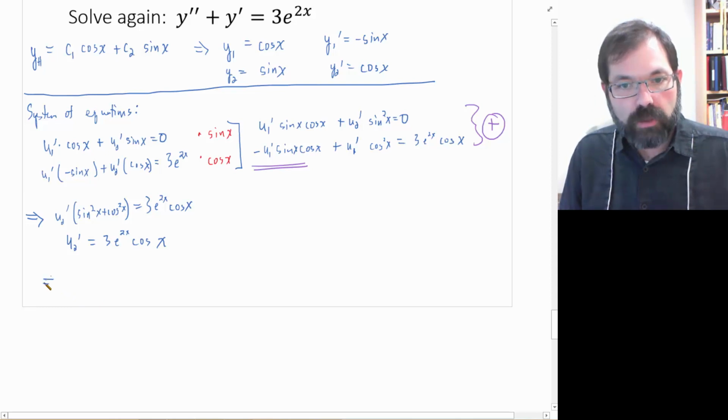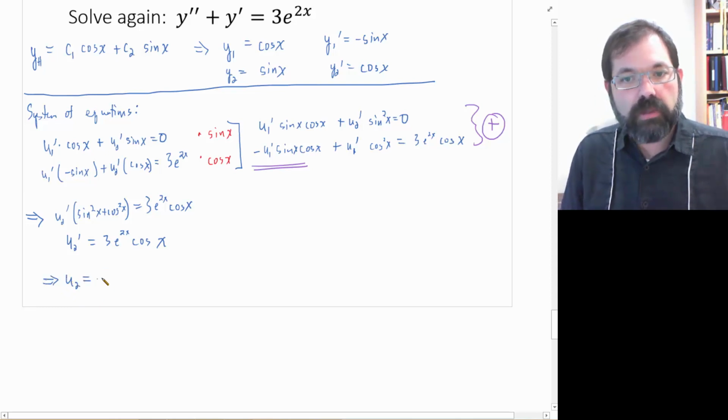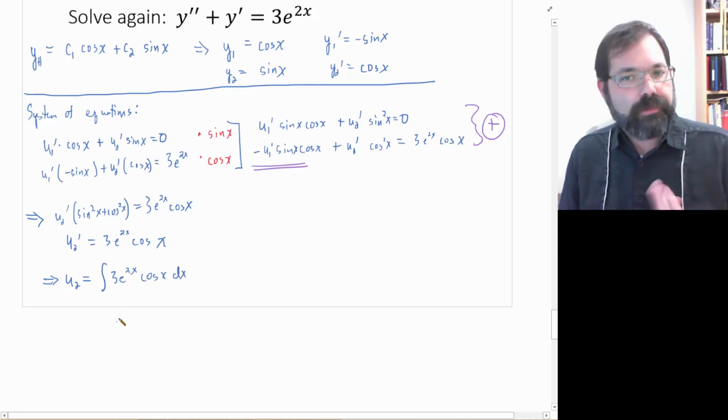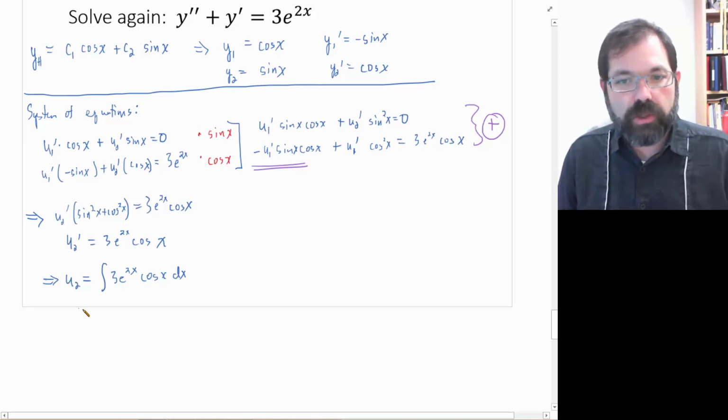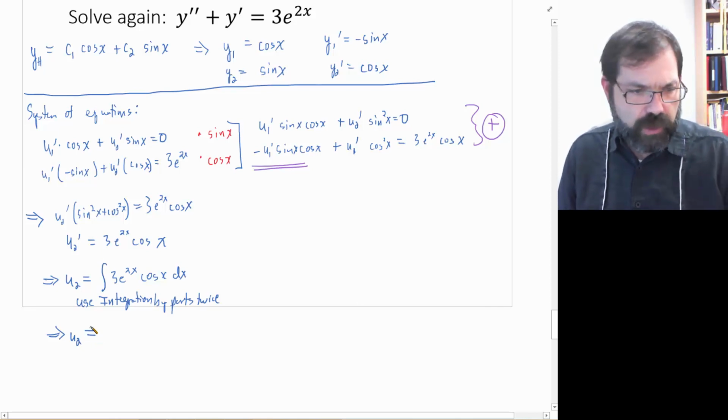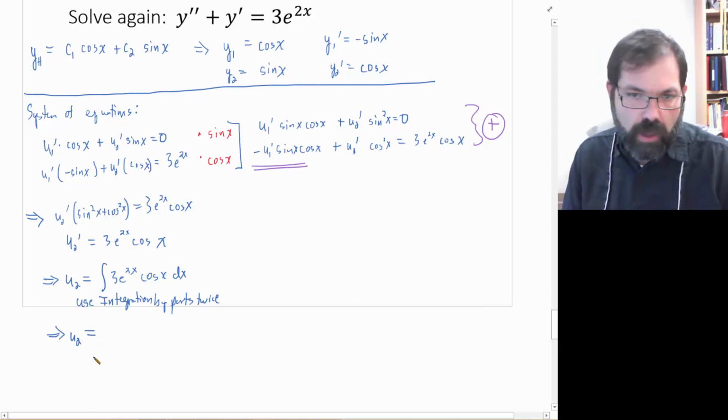So then u2 would be the antiderivative of 3e to the 2x cosine x, and we'll throw in the dx. And if you saw these integrals in calculus 2, you're going to have to use integration by parts twice. And we find that u2 is, I'm just going to copy this from my note sheet, I'm not going to go through this process here.